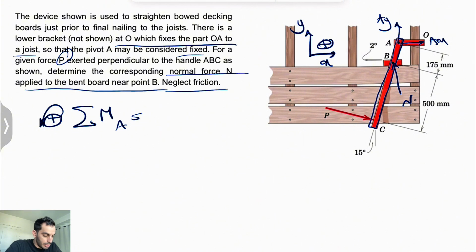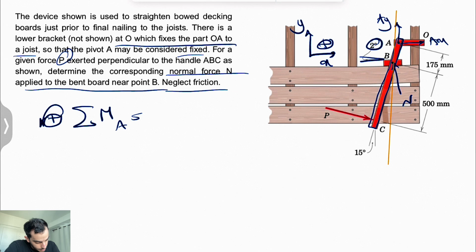One thing we need to keep in mind is that we have a little 2 degrees angle here. The normal force is normal to the bent board, but we also have our vertical line. I'm going to show it in a different color, yellow.